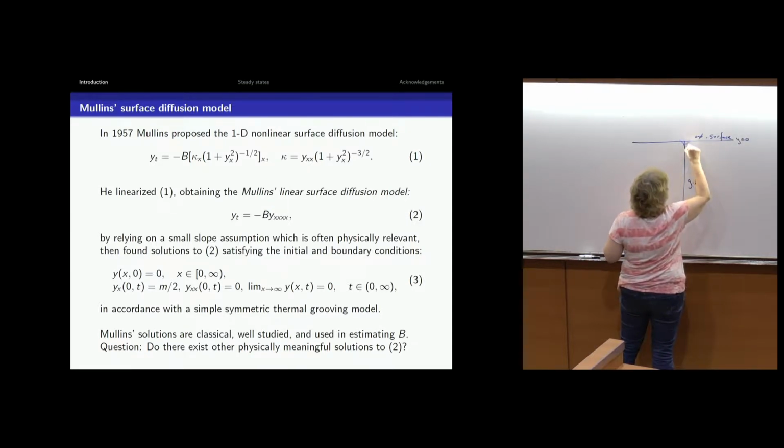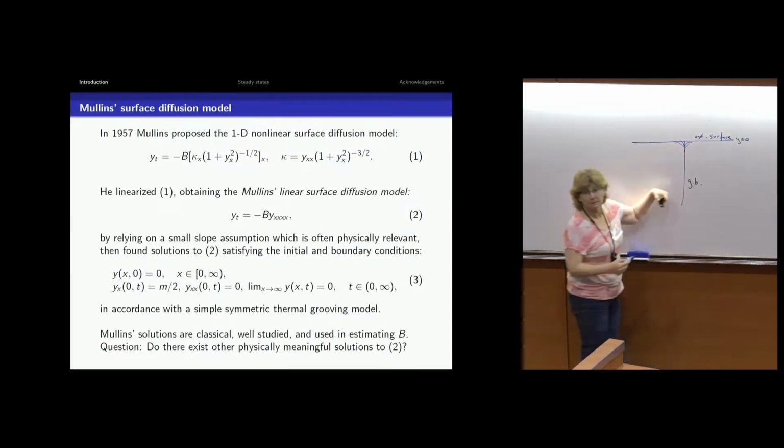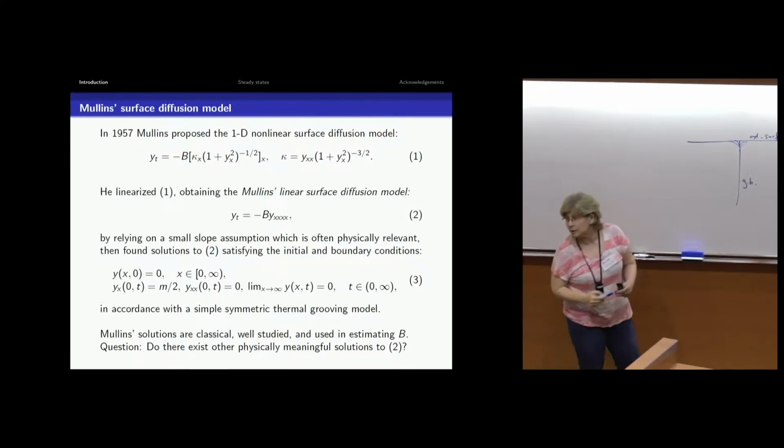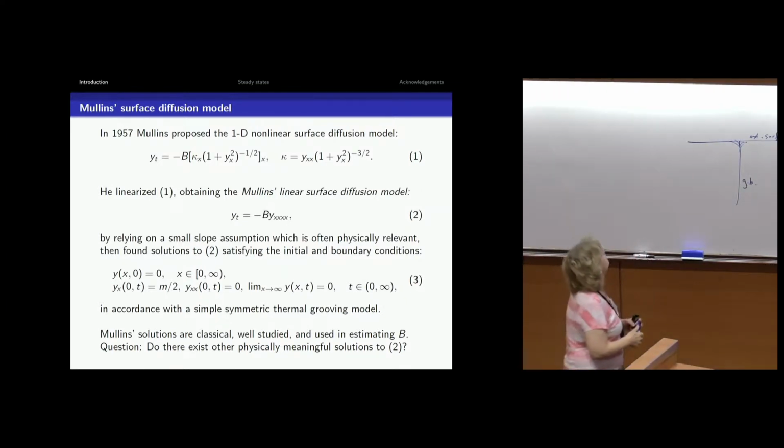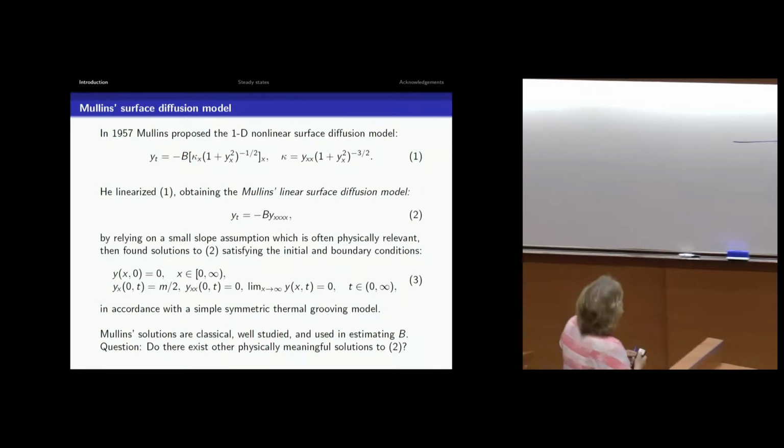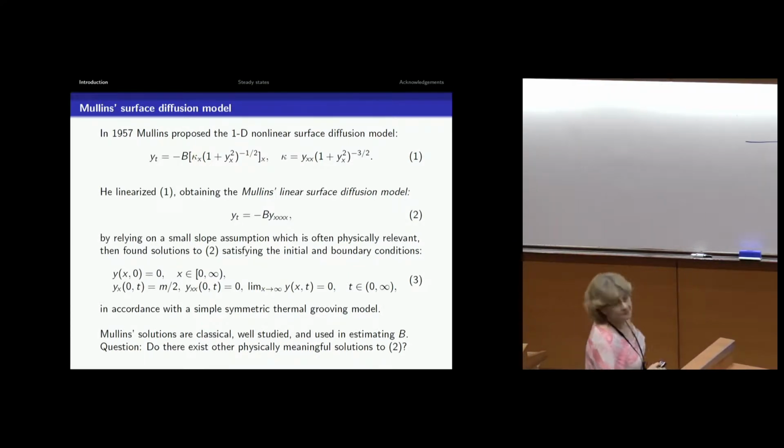And then the thermal groove starts forming to reduce the overall energy of the system, okay? And these are the boundary conditions written down by Mullins to make the problem simple. He made it semi-infinite and had it going out to 0 at infinity. It's symmetric, and his solutions are classical, well studied.